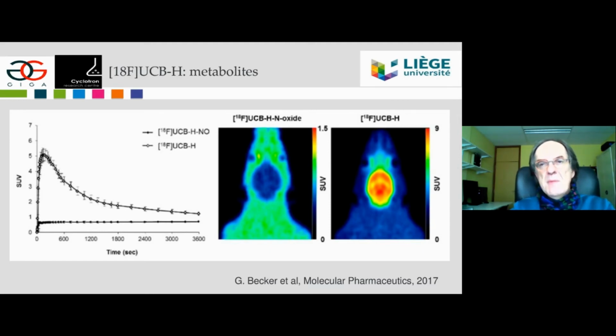So it's just remaining in the blood, in the plasma, so that it's now possible to get blood samples, make the difference between blood and plasma, and then make a measurement of our tracer and make a measurement of the metabolites over time, just looking at what we are interested in, which is what is exactly the fate of our radio tracer over time in the blood, corresponding to the evolution of its accumulation and washout from the brain.